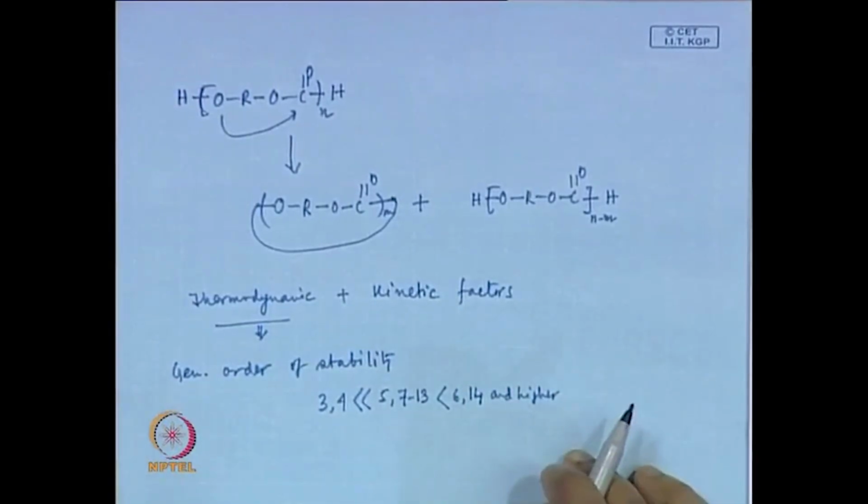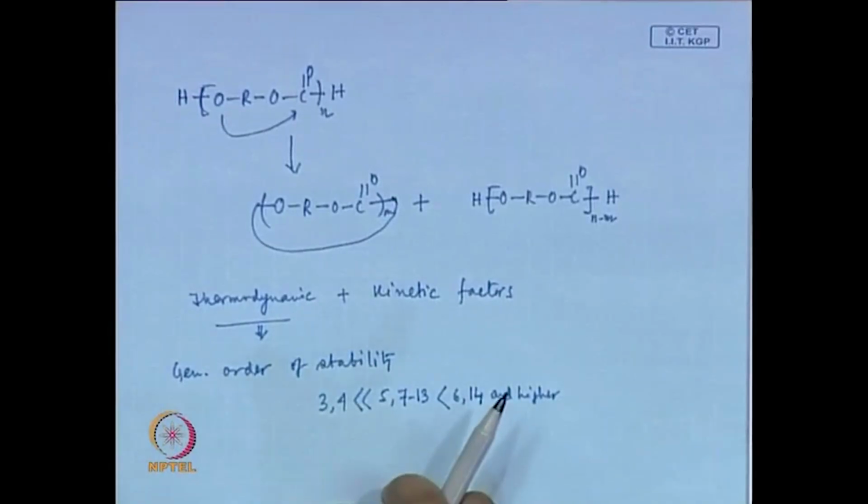That is because in a small ring we have more ring strain and torsional strain, and in the big ring we have torsional strain as well. So, obviously, formation of a 6 membered or a 14 membered or higher membered ring will always be thermodynamically preferred compared to a ring having 3 or 4 members in it.